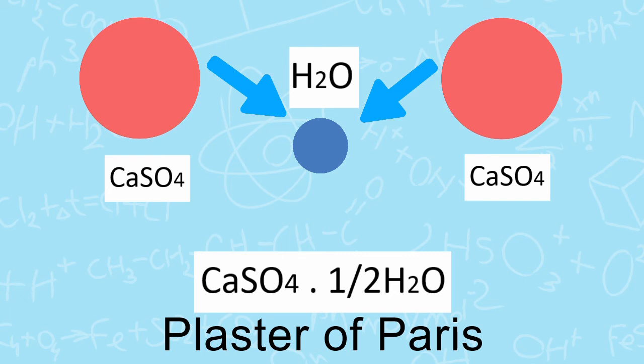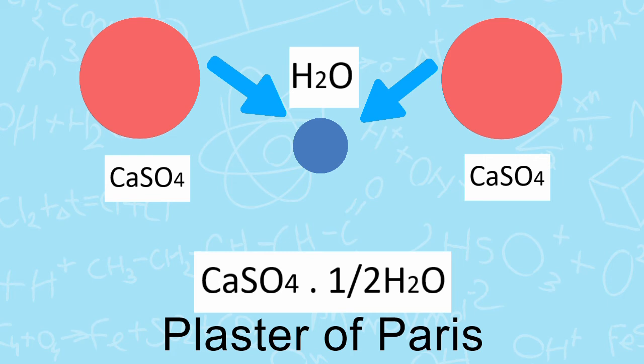Imagine two big calcium sulfates, and in between them one small water molecule, kind of attached to both. Since one is attached to two, we say half. That is why we say half H2O. As simple as that. This is called plaster of Paris.